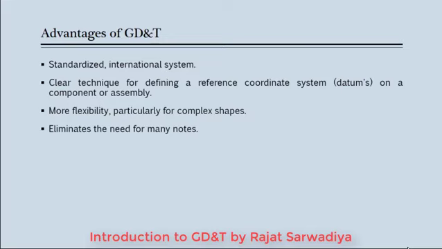So to reduce that, we started using the GD&T symbols, and in that feature control frame, the GD&T symbol, all that written notes of 4 lines, 5 lines has been compressed to a single frame or a symbol, which explains the same thing. You don't need to write it. You are communicating the same thing via a particular symbol which comes under GD&T.